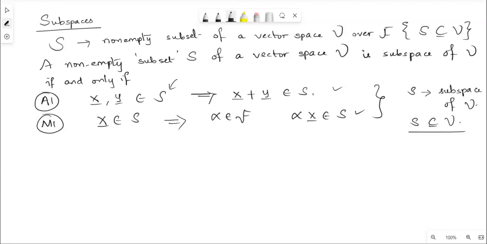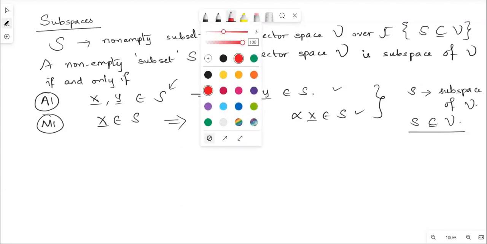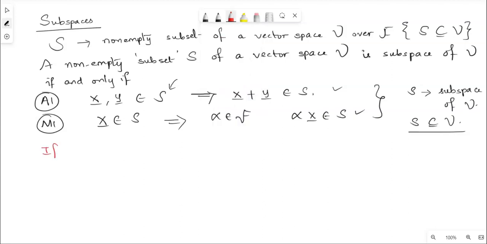So one can argue, if S is a subset of V, where we know that V is already defined as a vector space, then this set S inherits all the vector space properties of V except A1, A4, A5 and M1.